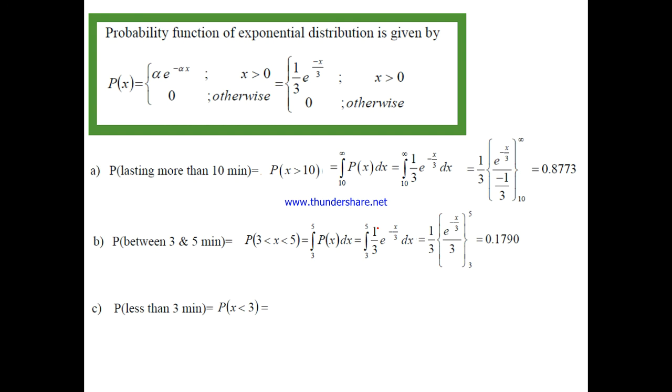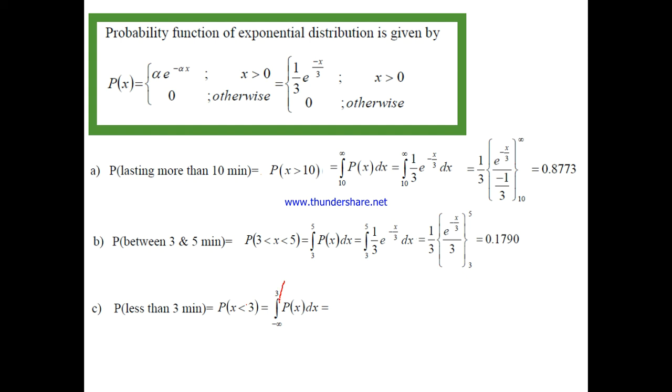C, probability of less than 3 minutes. So x is the length of the telephone conversation which goes on for less than 3 minutes. So less than 3 means minus infinity to 3. Now for the exponential, we know that from minus infinity to 0 it is not defined.